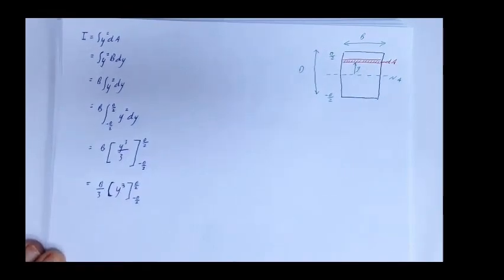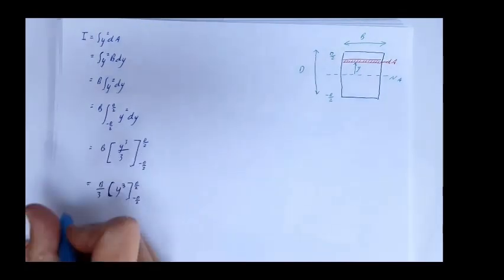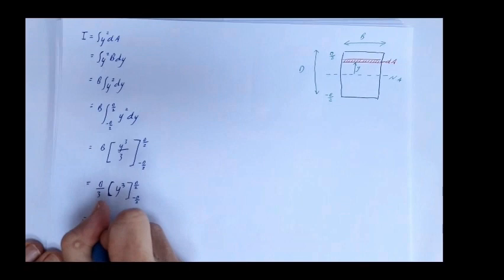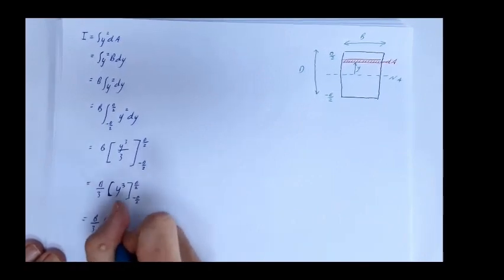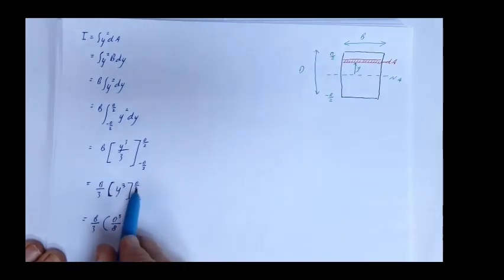So if we were to put those limits in, what does that then give us? So b over 3, lots of d cubed over 8. So 2 cubed would be 8, so that's 8 on the bottom.